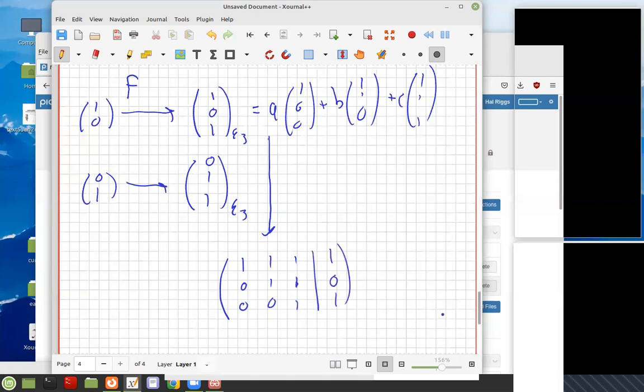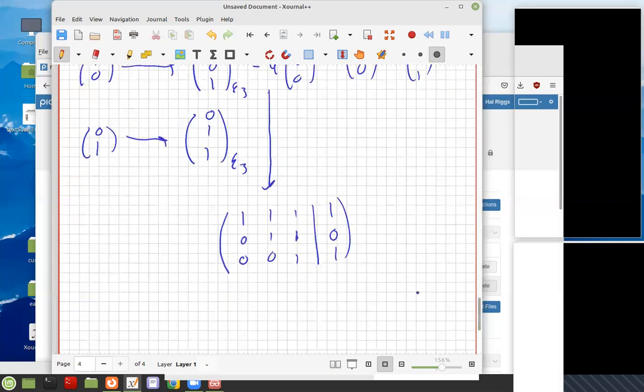Well, that's in echelon form, and you can see we're solving for A, B, and C. The last equation is C equals 1, then B plus C equals 0, and since C equals 1, B has to equal minus 1.